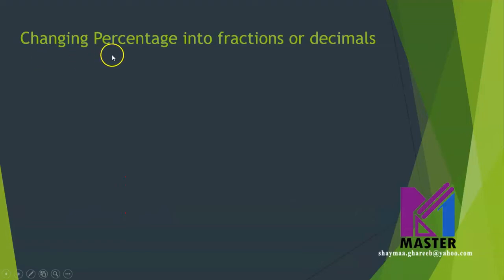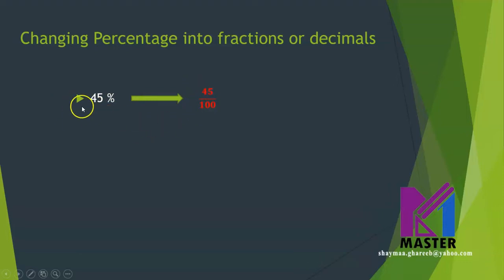Now let's see how we change a percentage into fractions or decimal numbers. So this is 45%, okay? And we said we can write the percent as a fraction over 100, or I can read it as 45 over 100. So it's the same as 45 over 100.